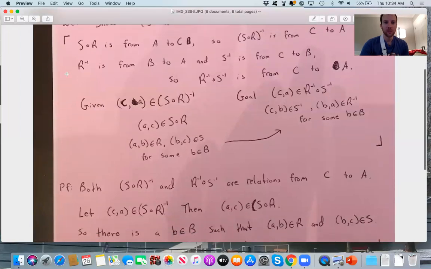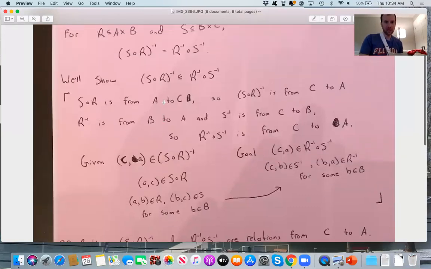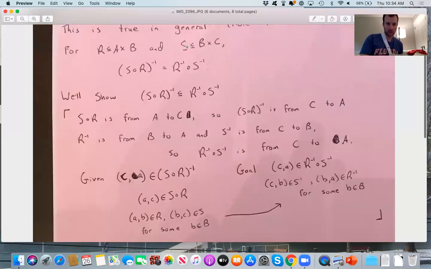Okay, so first let's think about what's going on. In this one, there's a lot of stuff, so we're definitely not just going to dive into the proof. First up is a quick sanity check that they're at least living on the right sets. Given our relations here, S composed with R is a relation from A to C. That's how the composition works.